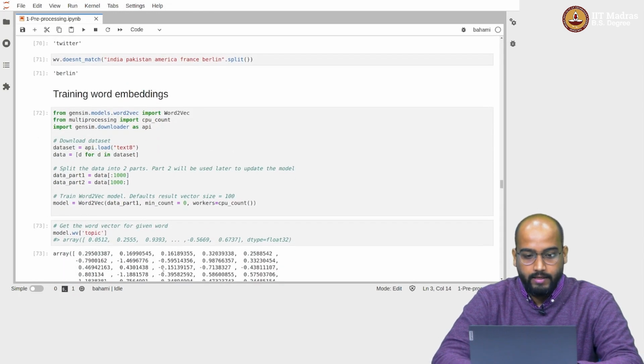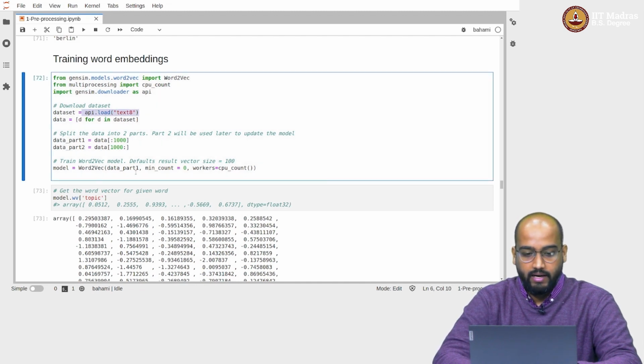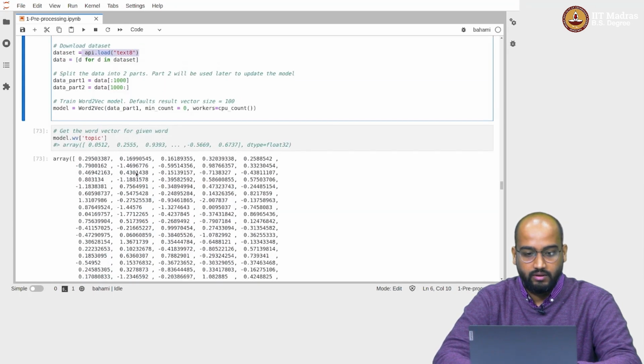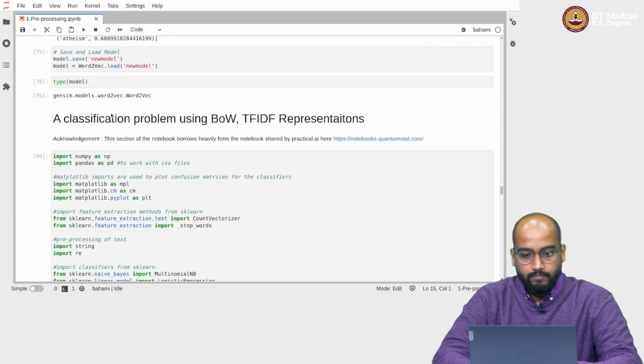In here I have a few more cases of how you can train such word embeddings. You can load a corpus and just train the model using this syntax, right?